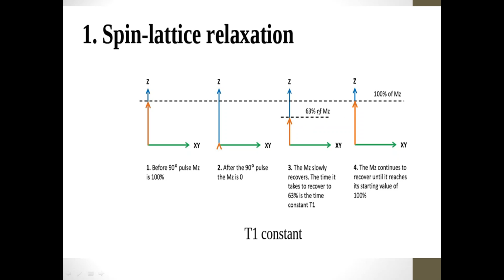After another time we reach 100%. MZ continues to recover until it reaches its starting value of 100%. So this is called the T1 constant. The T1 constant is the time taken by the longitudinal magnetization, or MZ, to recover to 63% of the MZ value.